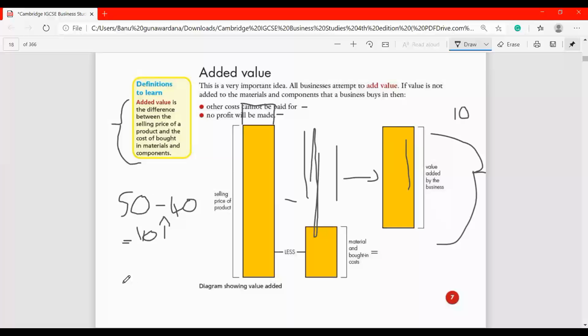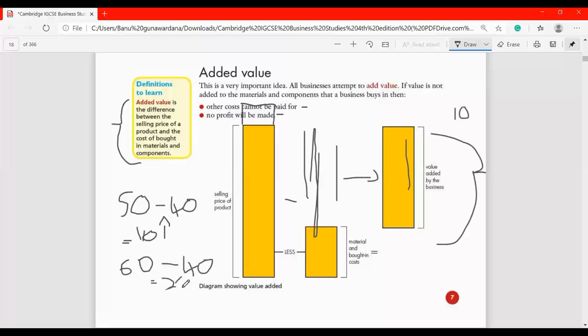So now if you are going to increase the price of this milk carton to $60, but make sure you keep your costs relatively the same. Now when you increase the price to $60, your added value will be 20 because 60 minus 40 is 20.